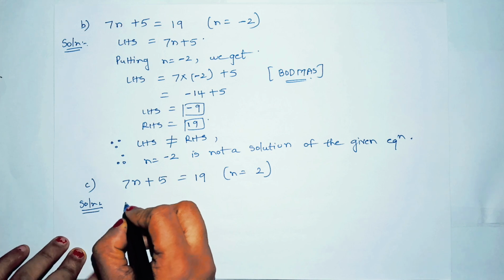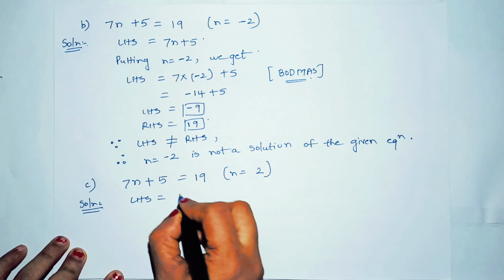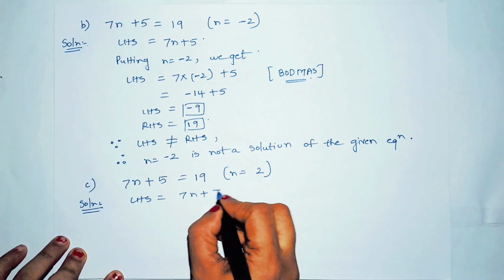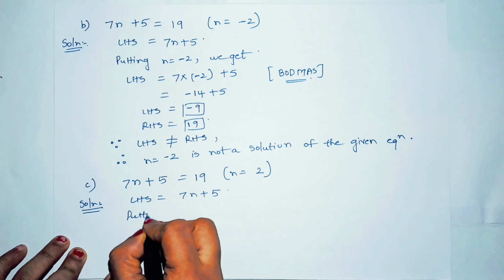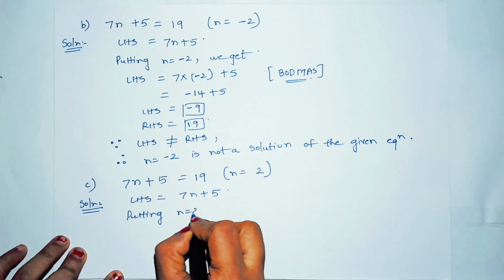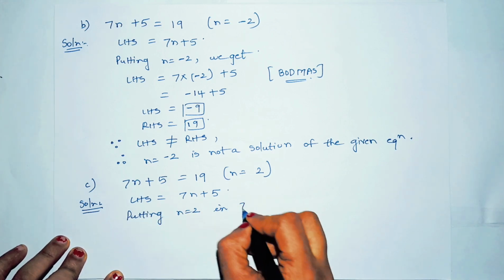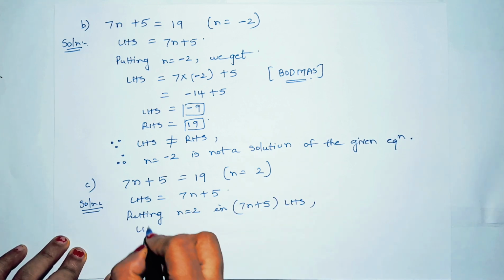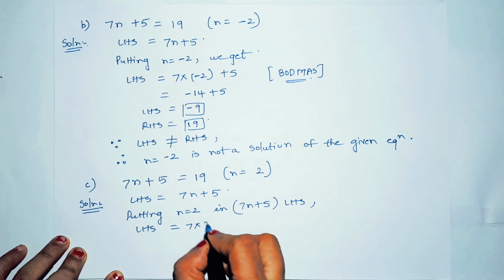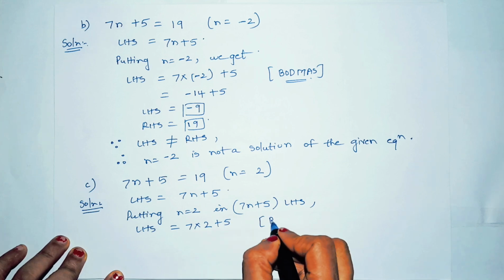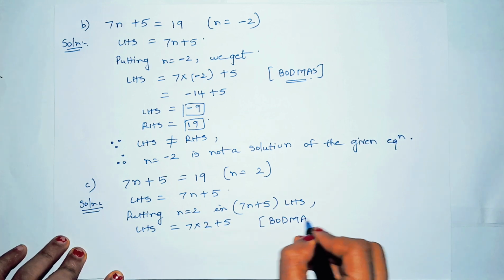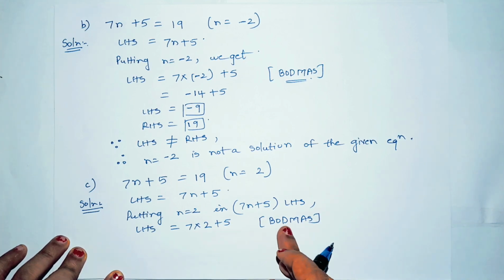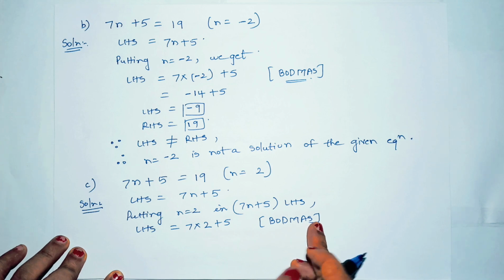Now let's see. You have to consider LHS as 7n plus 5, putting n is equal to 2 in 7n plus 5, that is LHS. So what you will get? LHS equals 7 into 2 plus 5. Apply the BODMAS rule. BODMAS means brackets, of, division, multiplication, addition and subtraction.